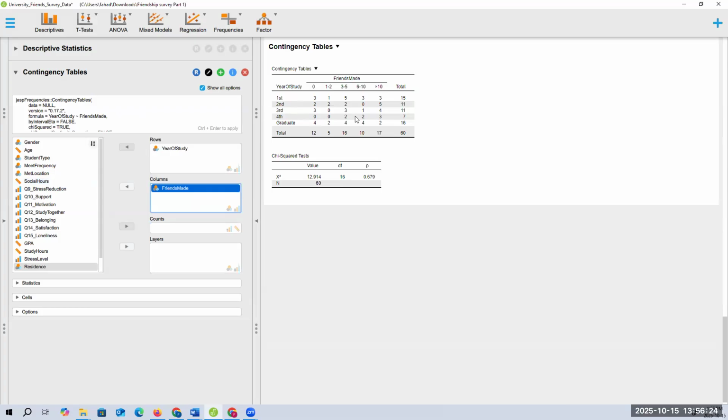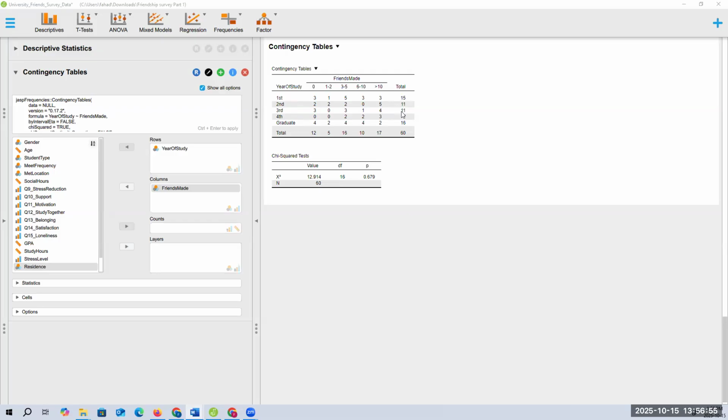The chi-square test shows 12.91 over here. The p is 0.67, so there is no significant association between year of study and friends made. So it doesn't matter which year you are, you're most likely to have a similar number of friends made, whether you're a first, second, third year, or a graduate student.